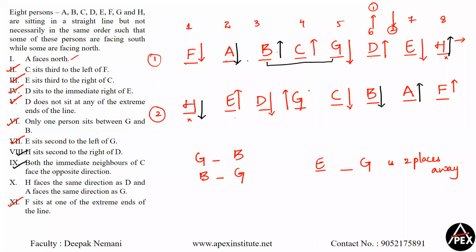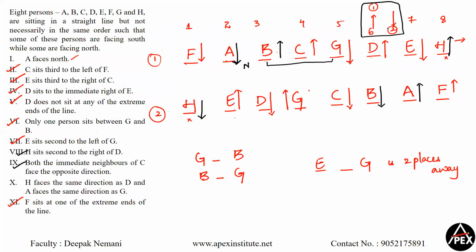But let's see. Okay. So A is facing north. So in case 1, this is north. No, you can't say that. In first case also you can see I have not determined north and south here. I have told that this is direction 1 and this is direction 2.